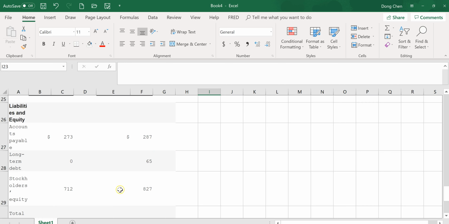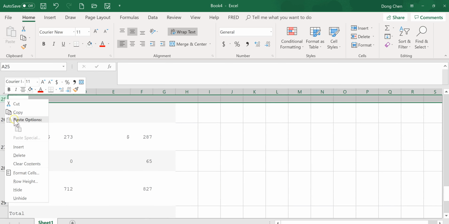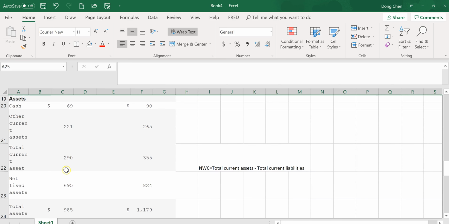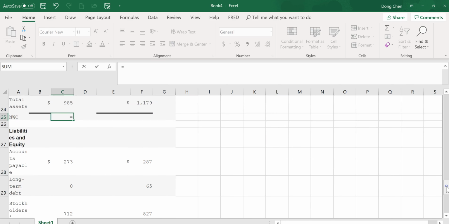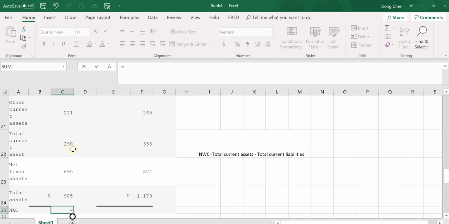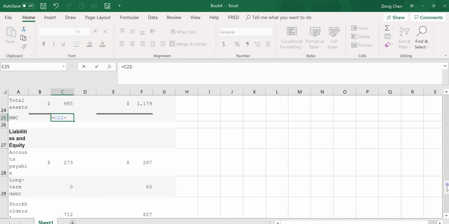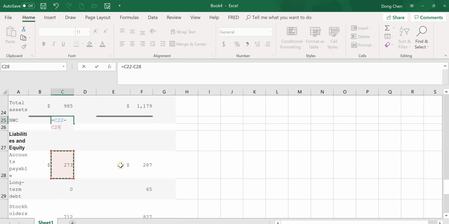So now we can do the calculation. Let me add one row here: NWC, this is the current assets 2016 minus current liabilities.